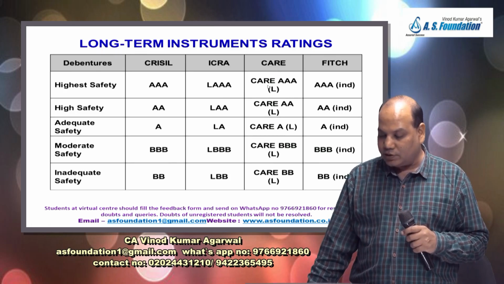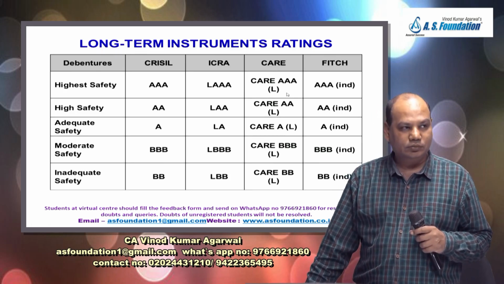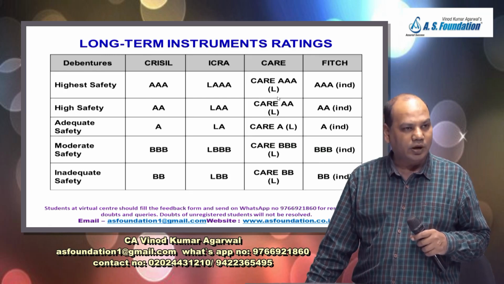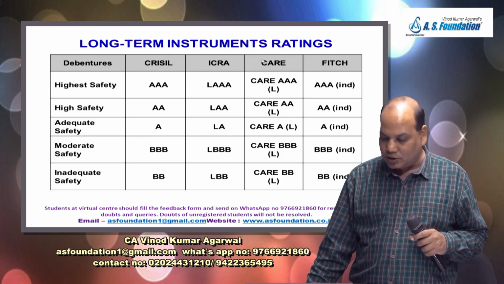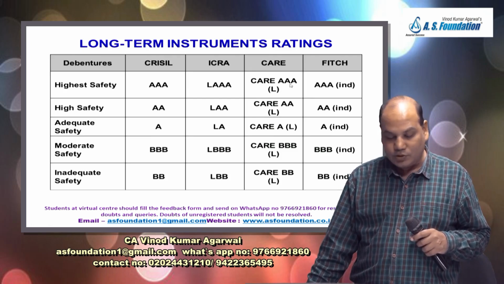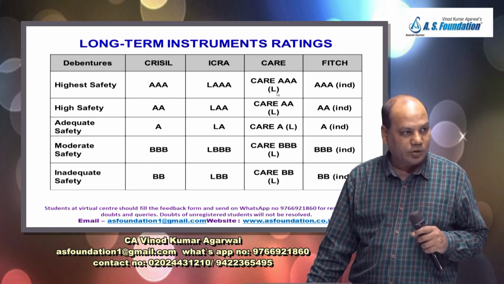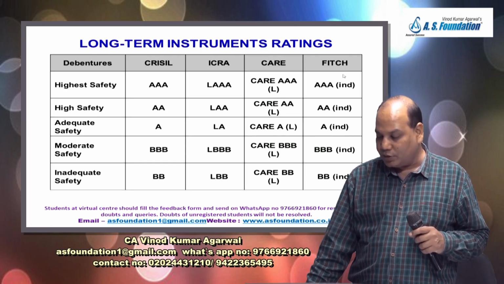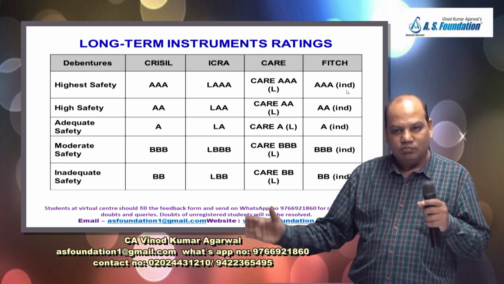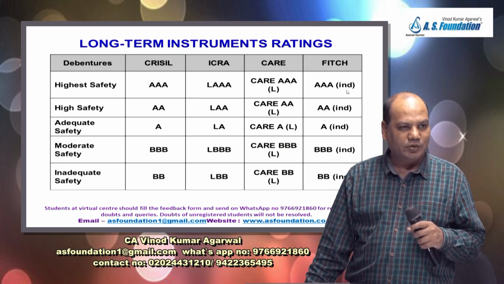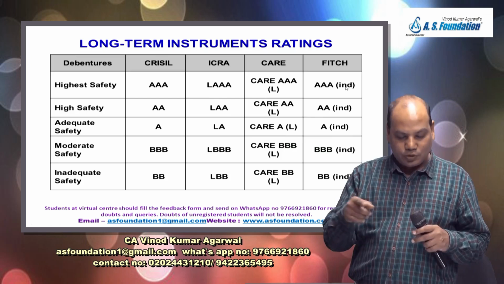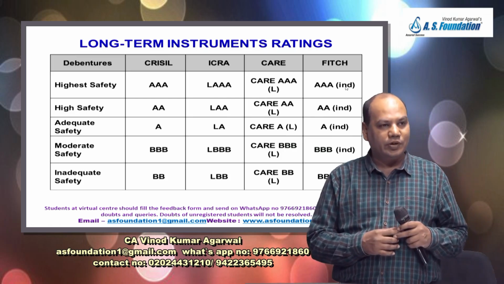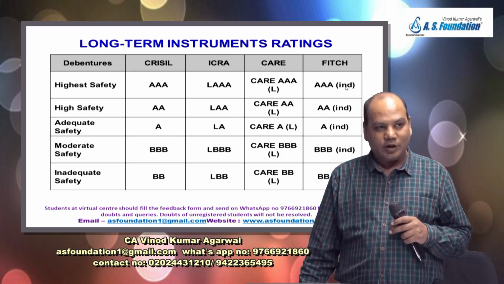CARE writes CARE AAA, in bracket L. So CARE indicates rated by CARE company. This is another agency. Triple A means highest safety and L is for long-term instrument. And this Fitch company, after Triple A, in bracket they write India. It means it is an Indian company's debt instrument because they have subsidiaries in different countries. That also we'll discuss in the later part, how many subsidiaries they have, in how many countries they operate.